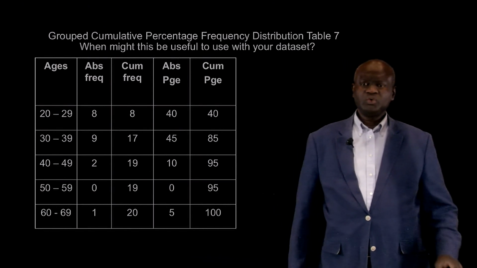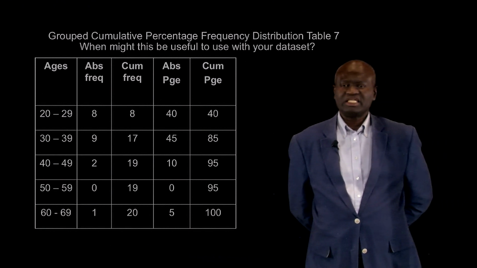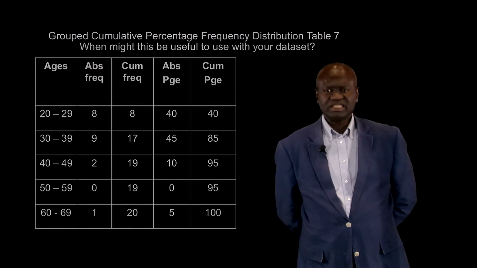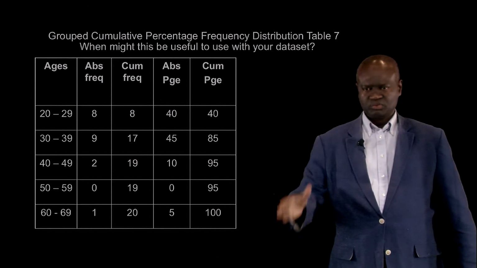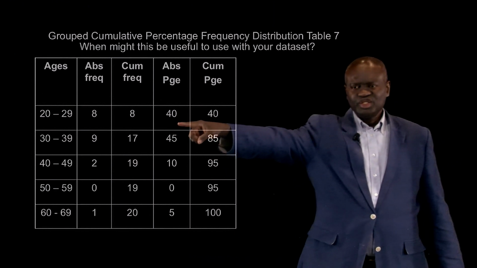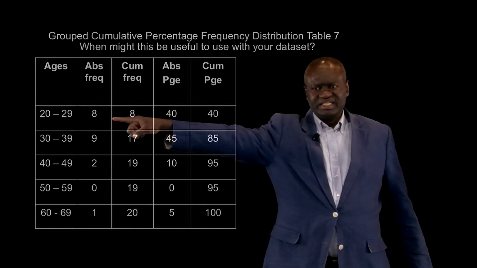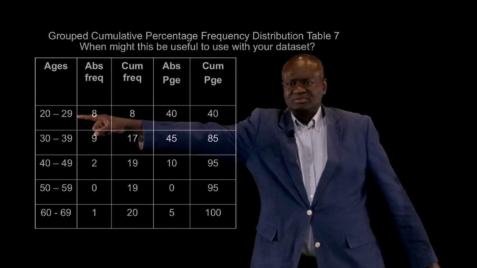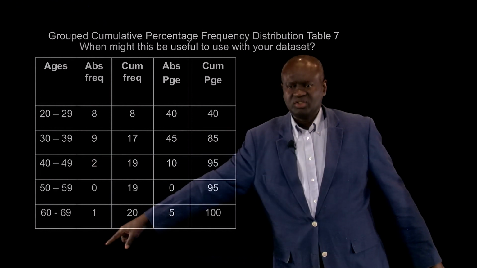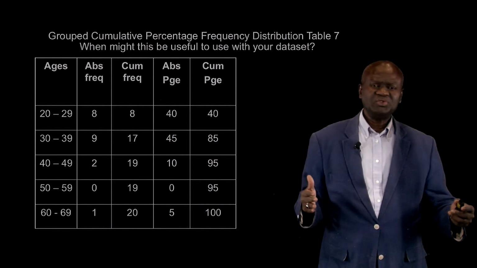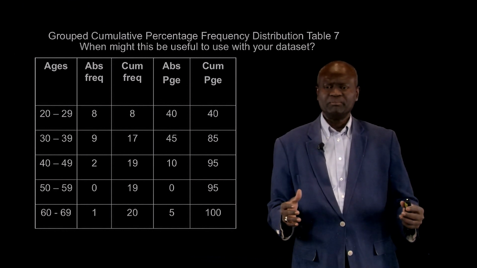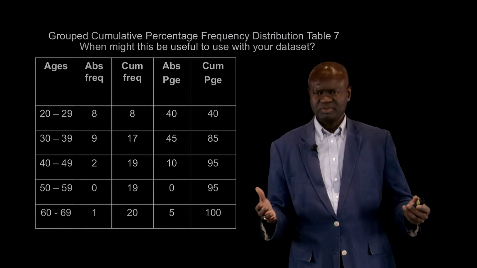But you may have to do what is called a grouped cumulative percentage frequency. So that is what we have here. In the previous table you had 20, 21, and so on. Now here you decide how many you want to have in your group. Because we have around 20 people here.